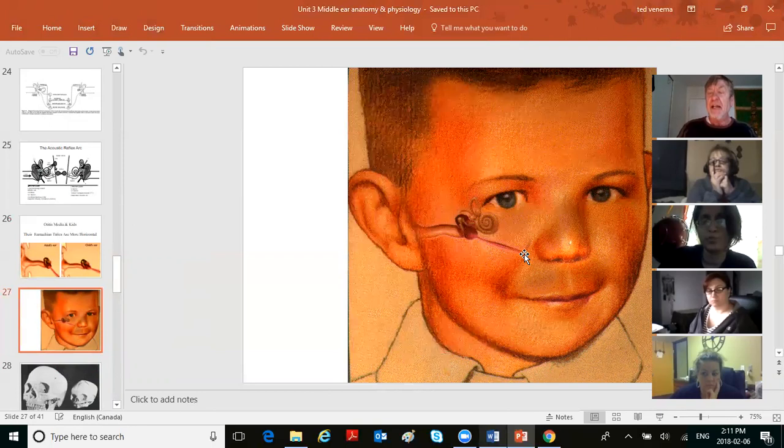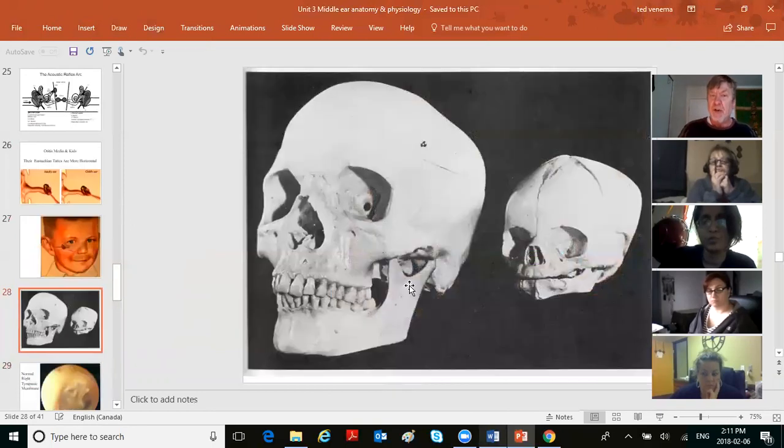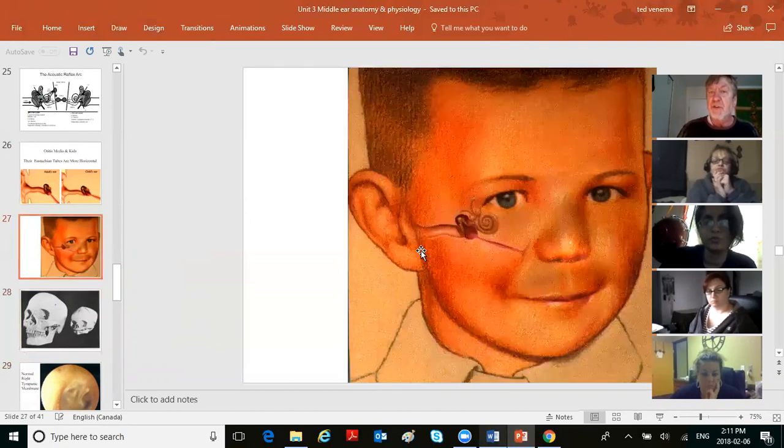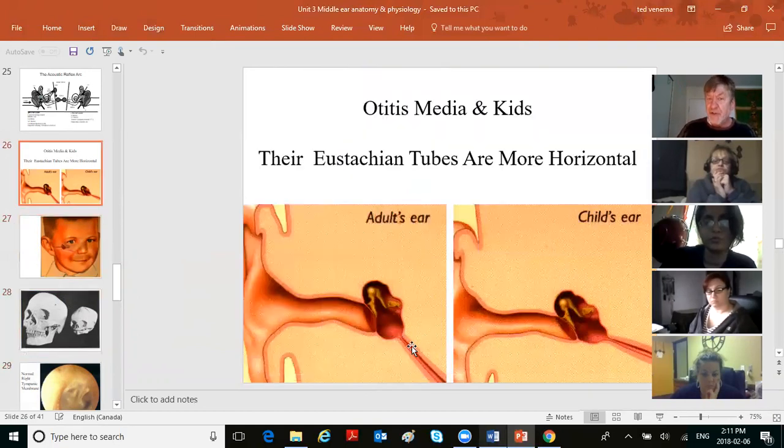Now, in adults, here's an adult skull, the face is longer. And so adults' eustachian tubes are more vertical. Children's eustachian tubes are more horizontal. And that's why infection crawls up a child's eustachian tube more easily than it does in adulthood.